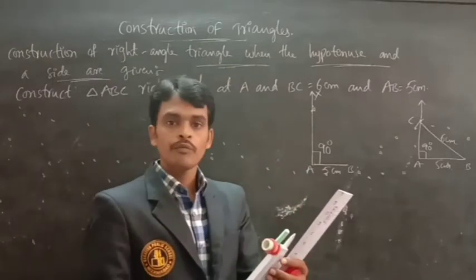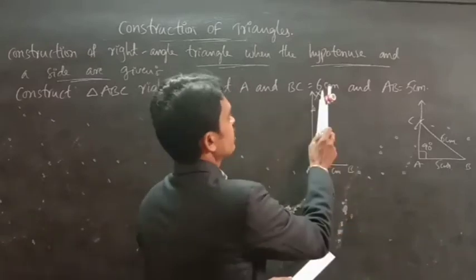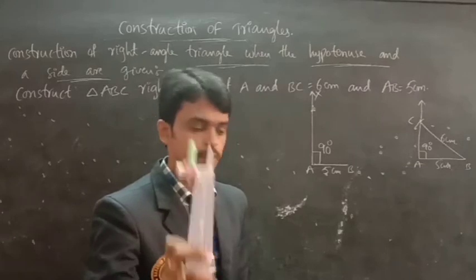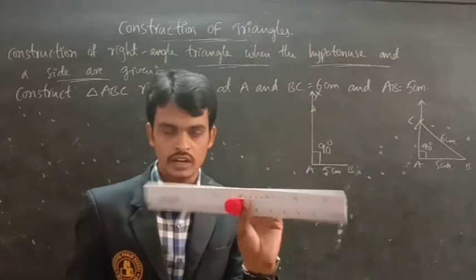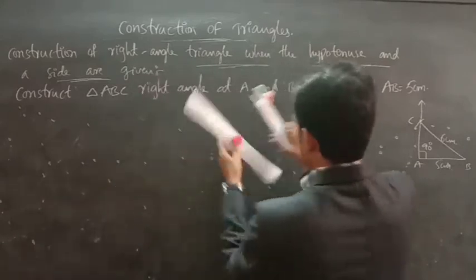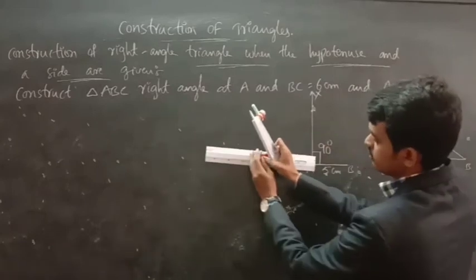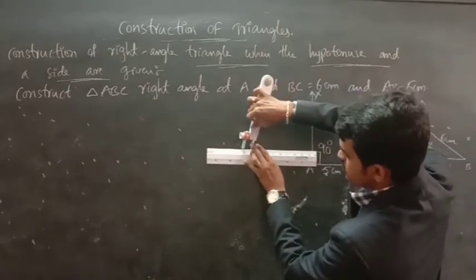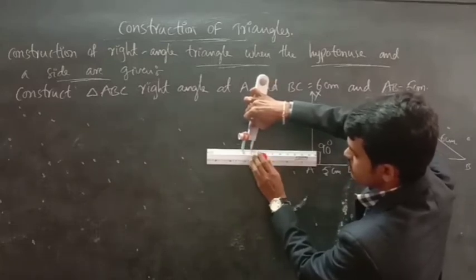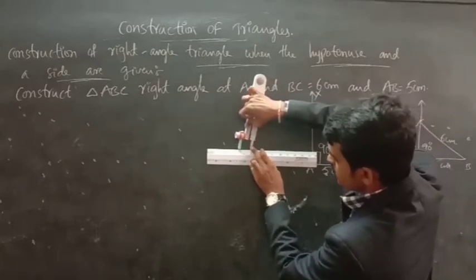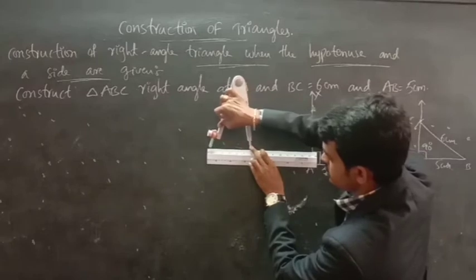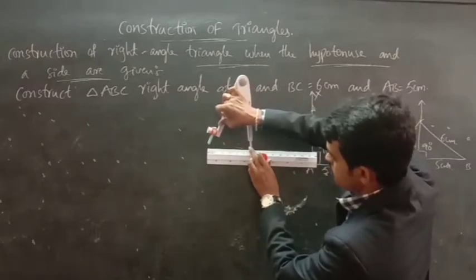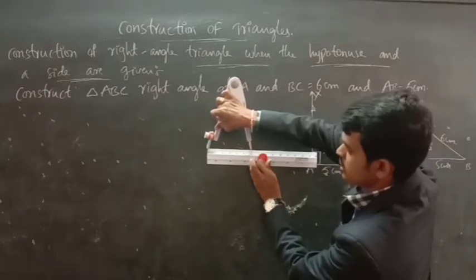So now we should take the measurement, radius 6 centimeters, by using a compass and ruler. So 6 centimeters we should take like this. Now take the exact measurement, 6 centimeters.